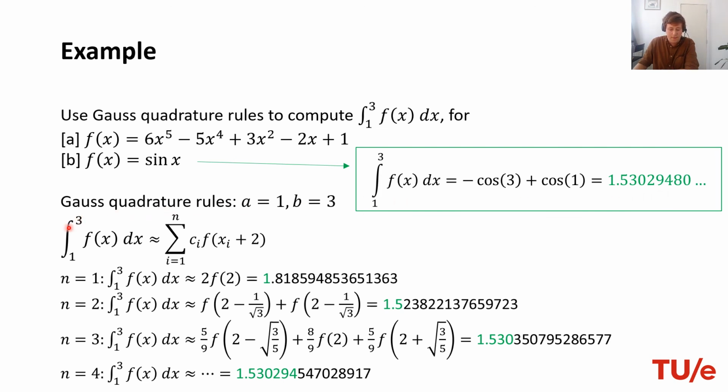Computing this with Gauss quadrature, given the limited number of function evaluations, for example here for 4 function evaluations, we can already approximate this integral up to, let's say, 7 accurate numerical digits. And that's quite impressive, I'd say. So also for non-polynomial functions, these Gauss quadrature rules seem to work quite well.